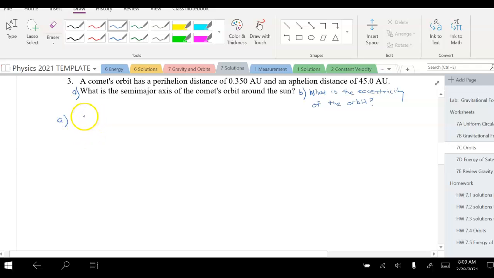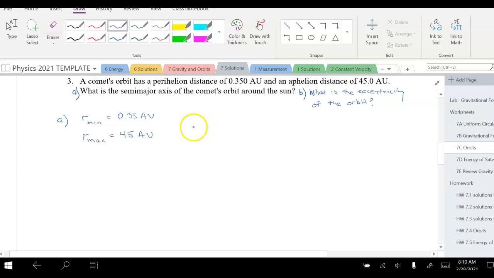So they've given me the perihelion distance. That is r min. And so they're saying that r min is 0.35 astronomical units. And the aphelion distance is r max. And they're saying that that is 45 astronomical units.